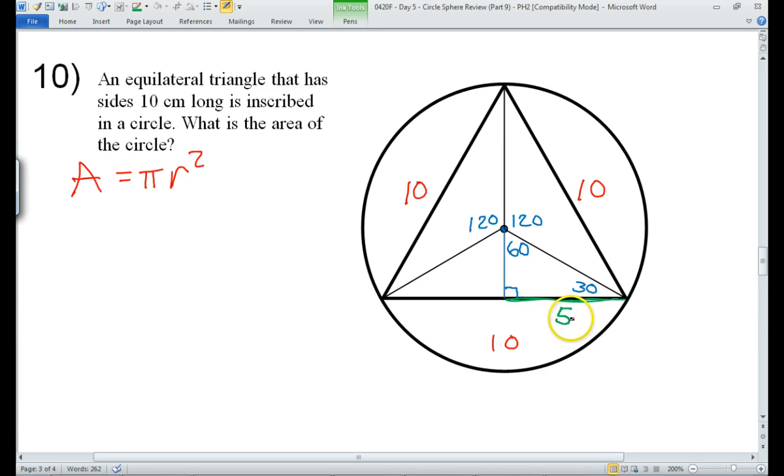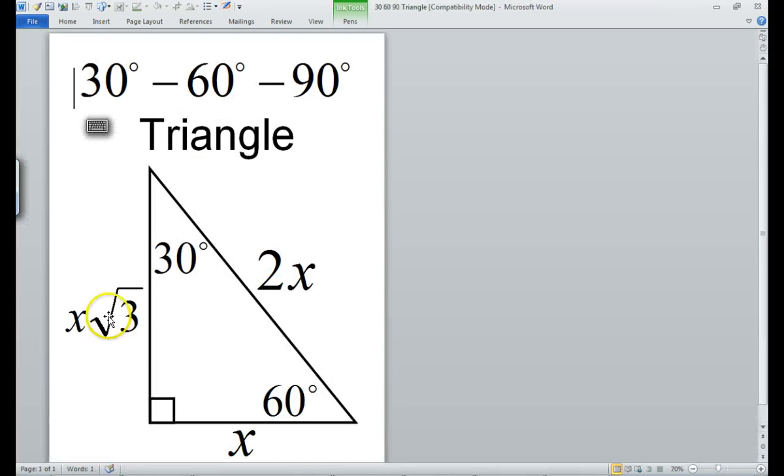So it's not going to be as nice and neat as I would have liked, because this is the long leg. And the long leg, if we look at our model for 30, 60, 90 triangle, we see that the long leg is x radical 3, where x is the short leg.